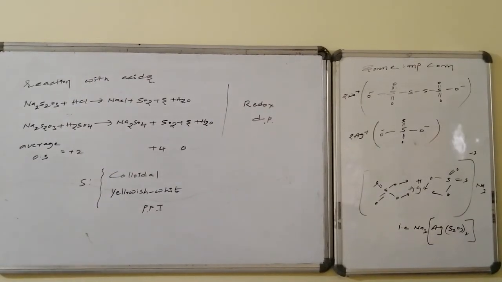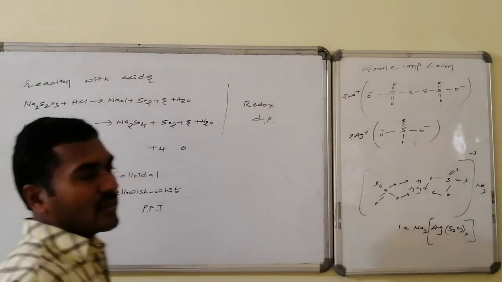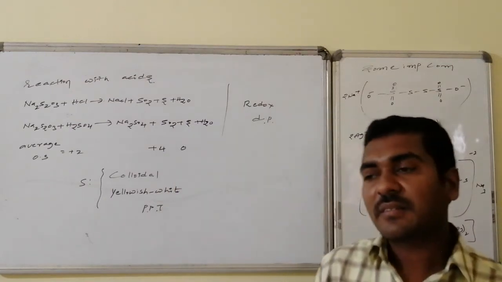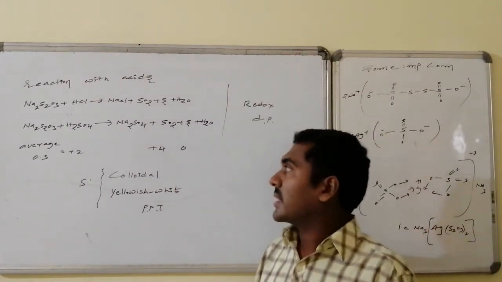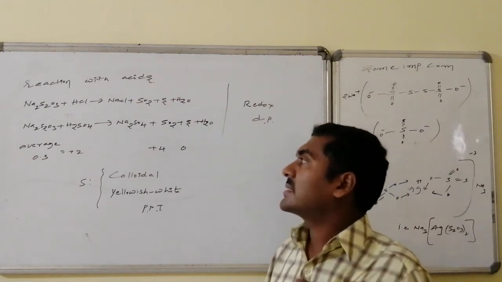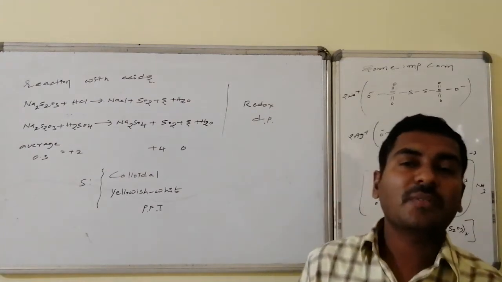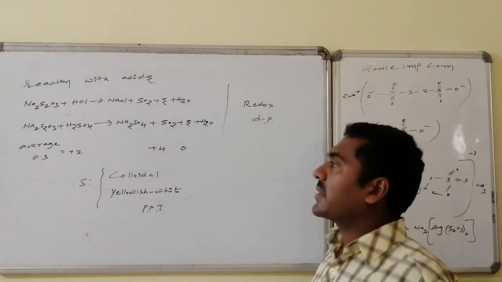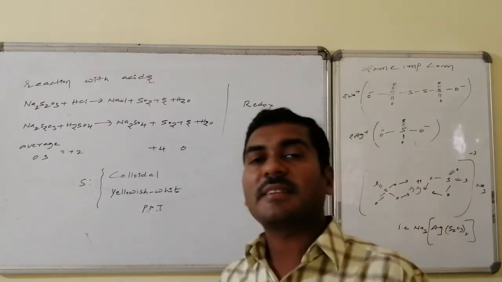Reactions with acid. As I said in the beginning, salts of thiosulfates are stable and existing, whereas the corresponding acid, H2S2O3, thiosulfuric acid, is unstable and not existing.